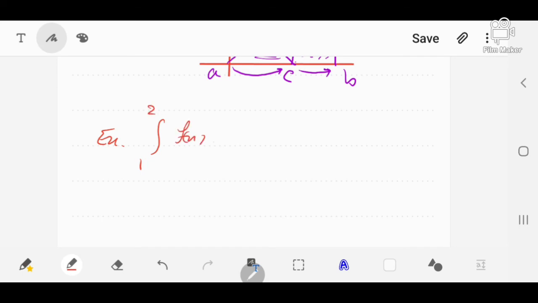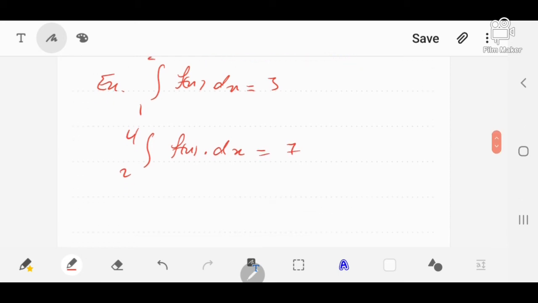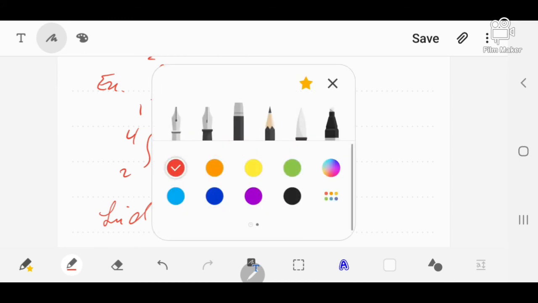And the integration from 2 to 4 of f of x dx equals 7, for example. And I'm asking you to find the integration from 1 to 4 of f of x dx. Note that in this example, f of x is not given, so you cannot evaluate it. You have to depend on the given information.